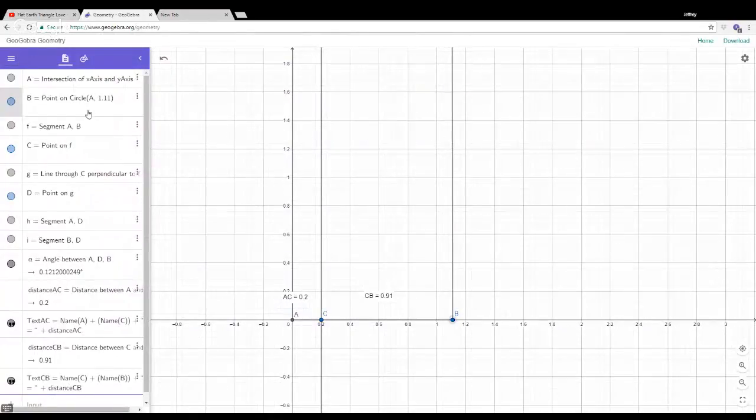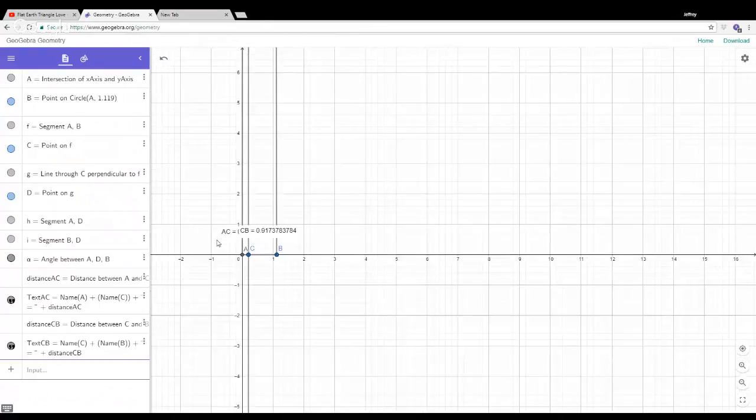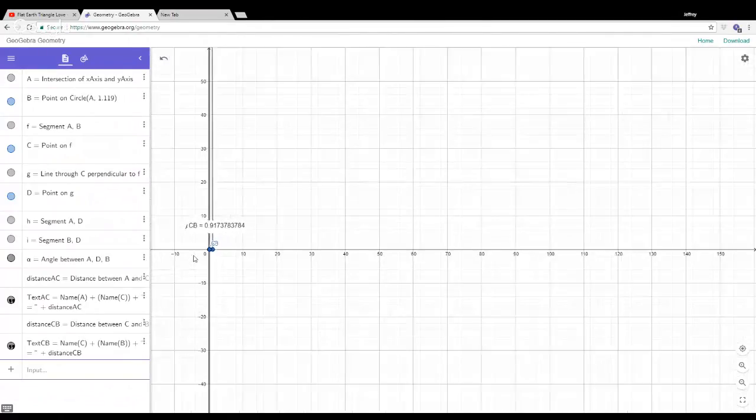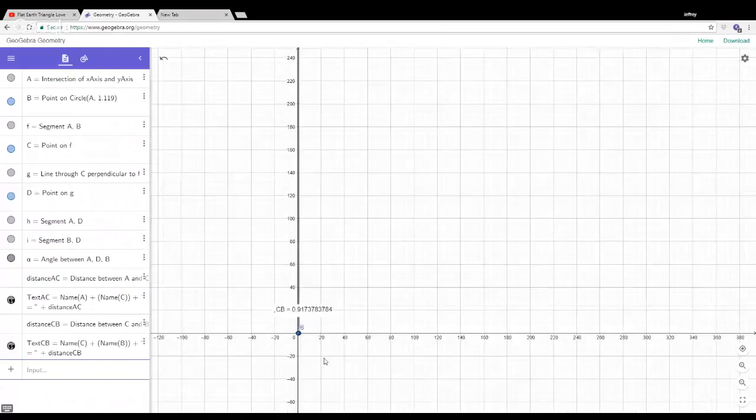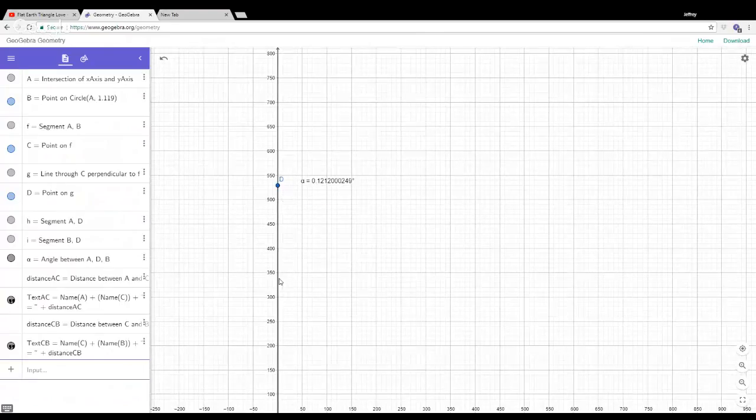So let's go down here. Let's put in 1.119 kilometers. Okay. So I have here a simple GeoGebra demonstration. What I'm going to do is scroll out. Okay. So I have an angle up here. I have D. D represents the ISS.